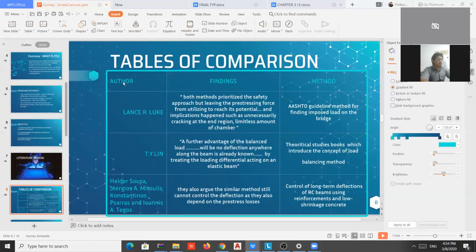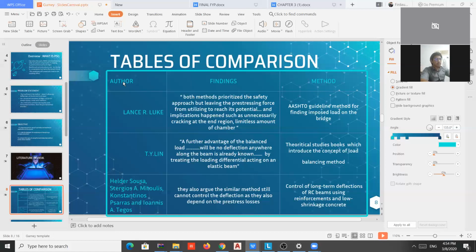The last authors, Sousas, Trejos, Mitolis, Konstantinos, Pisaras, and Ionis Tegos, argue in their findings that the load balancing method is still not able to control the deflection, because the factor of deflection also depends on the pre-stress losses.